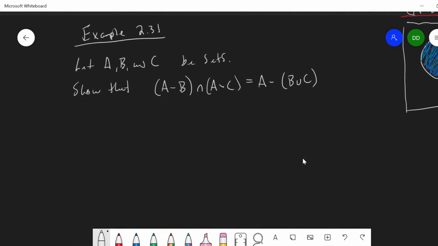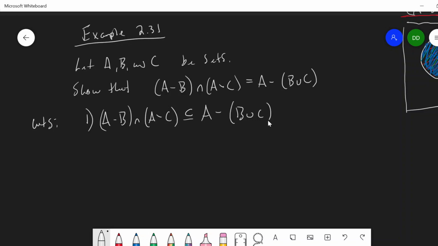Let's actually prove this using logic. So remember, to show that two sets are equal, it's if and only if this set is a subset of this set and this set is a subset of this set. So we have two things to show. One, that A minus B intersect A minus C is a subset of A minus B union C. So that is, if x is in here, then x is in here.